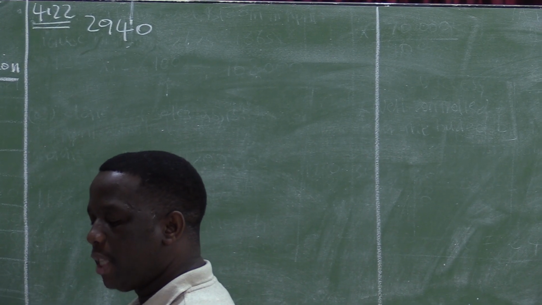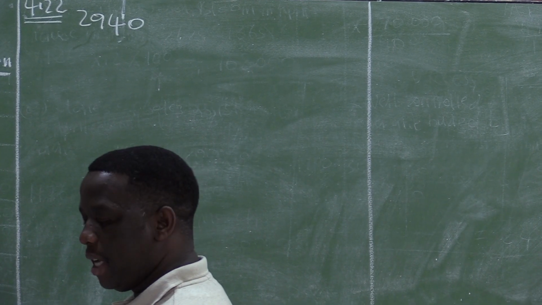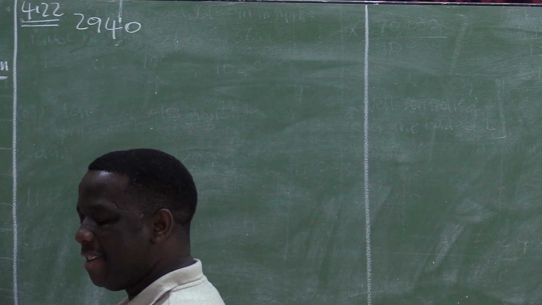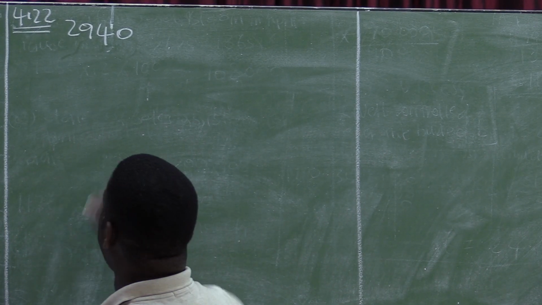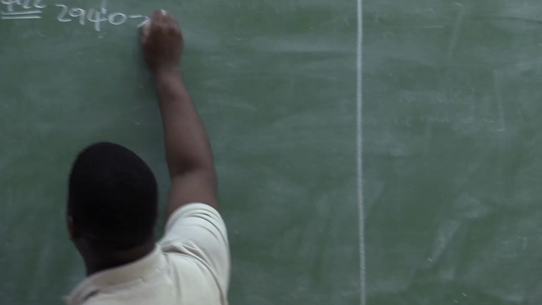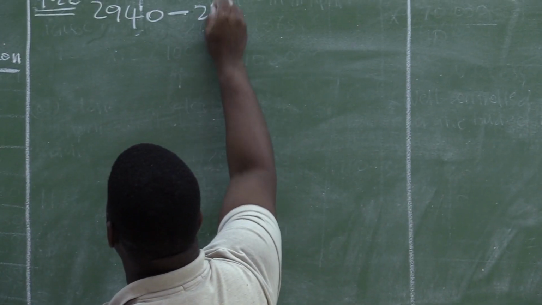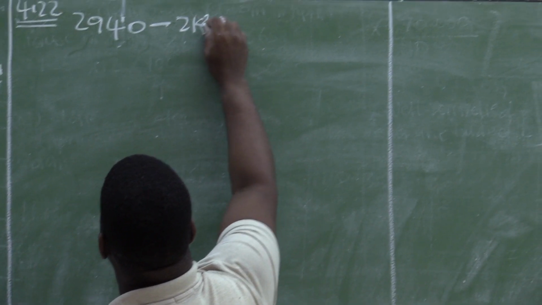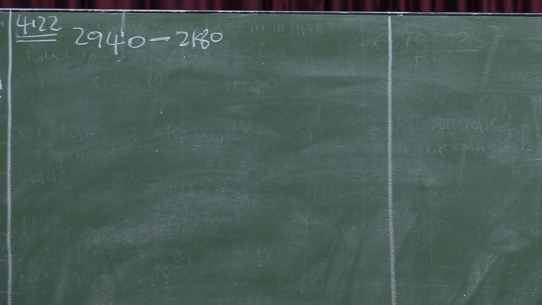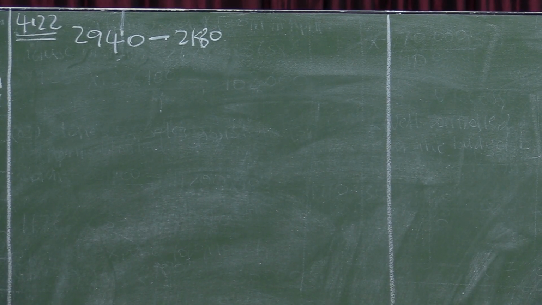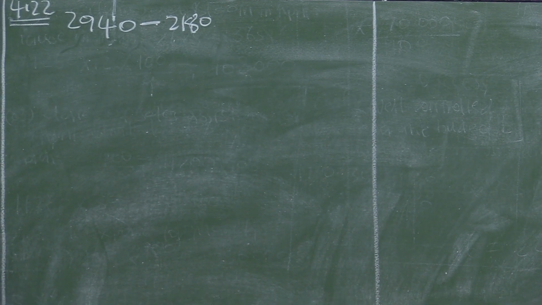So we had gas lamps available for sale, which is 2,940 units. And we were able to sell 2,180. So 2,940 minus 2,180. So we should be able to know how many we are left with.